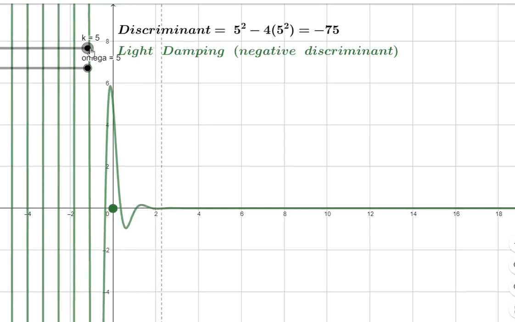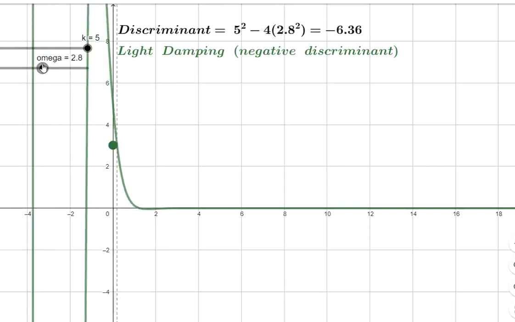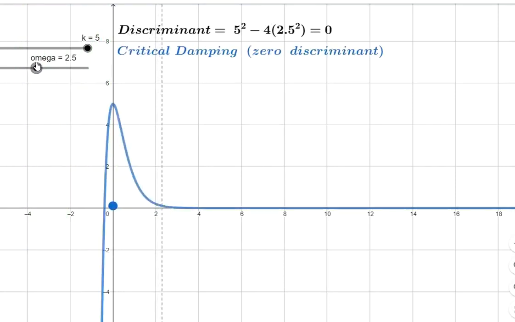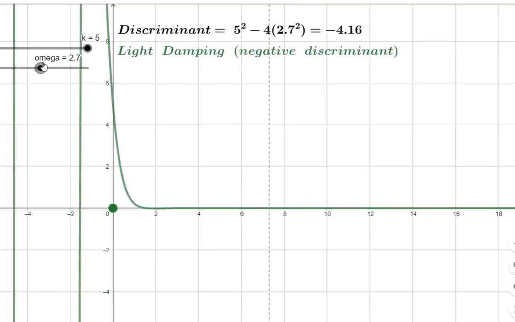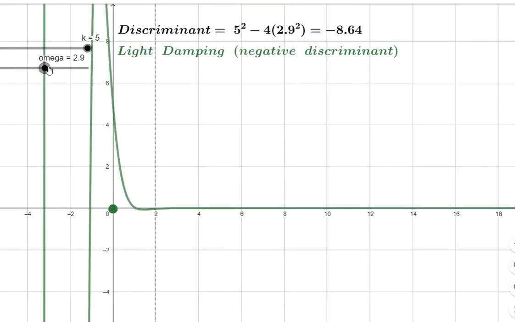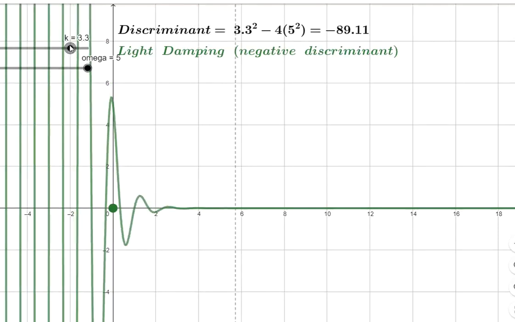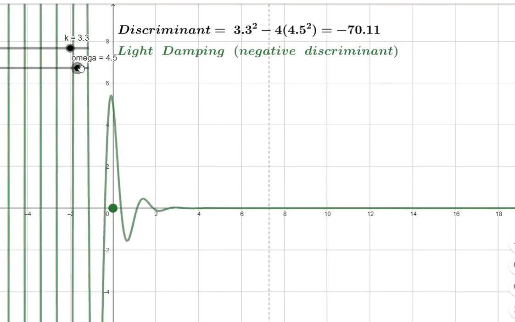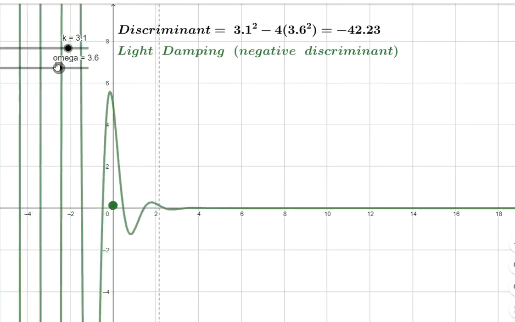In fact, with this scale, we can't get high enough. We need omega to be lower in order for this to represent critical damping or over damping. Provided you've got a large enough omega, you're always going to get some oscillations. So that's why it's not just a case of making k large enough, it's also a case of making k large enough relative to omega.